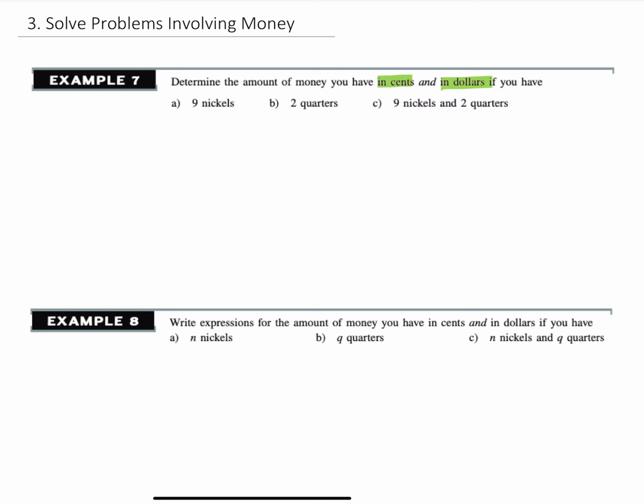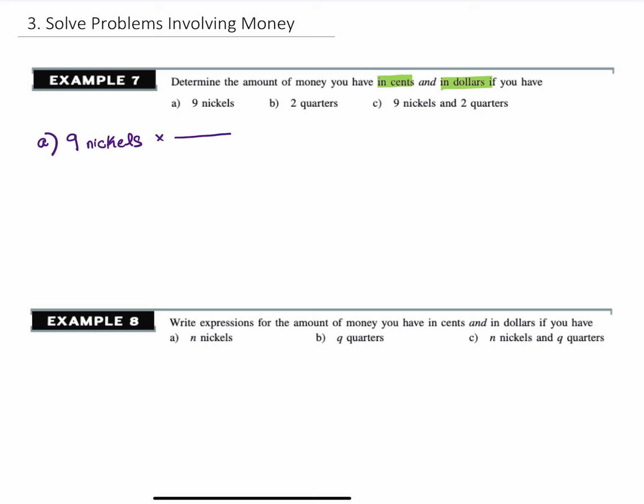The first one says we have 9 nickels. And we want to convert that to cents and dollars. So let's start with cents. And we're going to do that unit conversion where we multiply by some fraction.